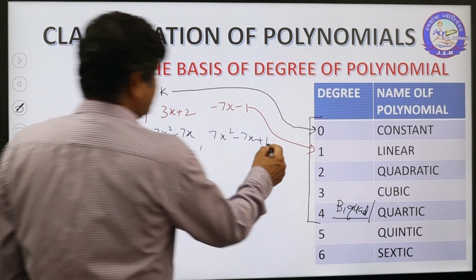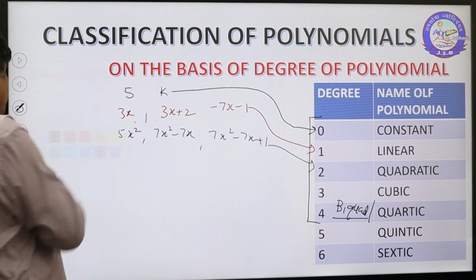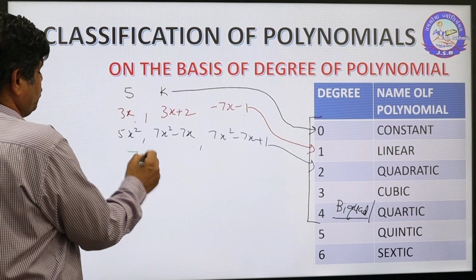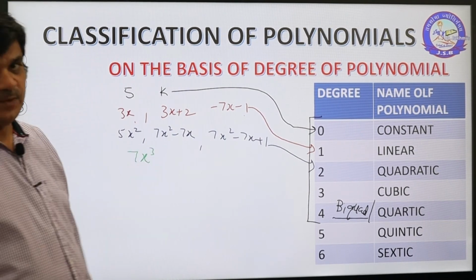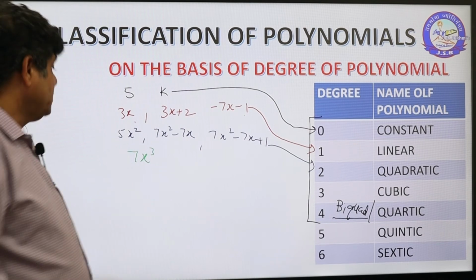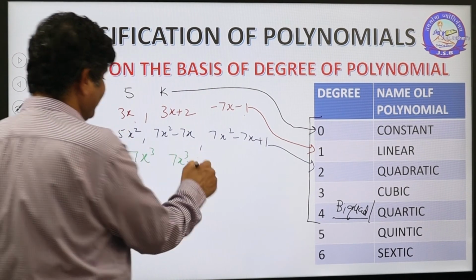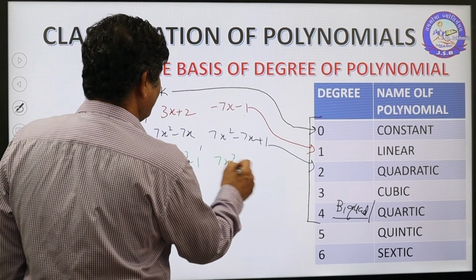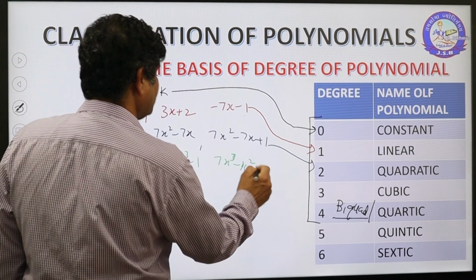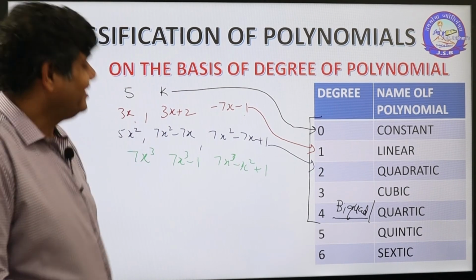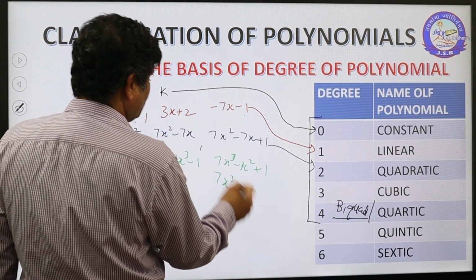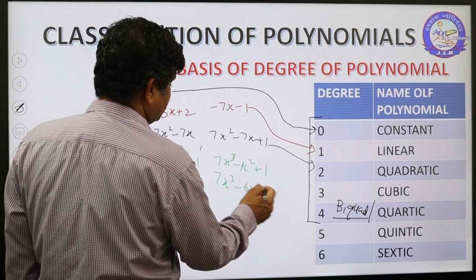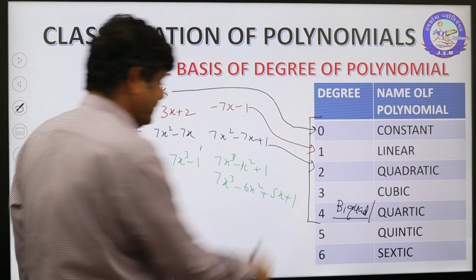Same way, if the degree is 3, that's a cubic polynomial. Degree 3 means like if I say 7x to the power 3, it's a cubic monomial. If I write 7x cube minus 1, it's a cubic binomial. I can write 7x cube minus x square plus 1, it's a cubic trinomial. Similarly, there can be a cubic tetranomial too, like 7x cube minus 6x square plus 5x plus 1.